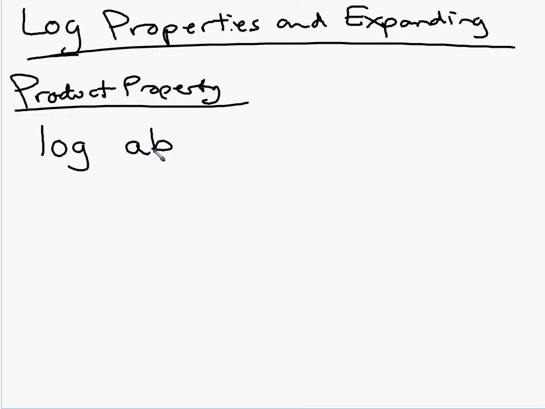Now notice that's A times B. That's why this is called the product property. I have a product of things. The log of AB is equal to the log of A plus the log of B. I can split it into two logs added together.